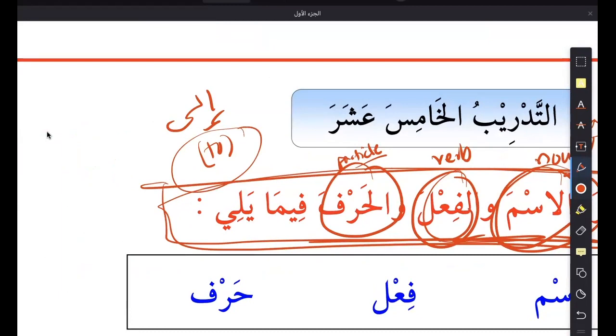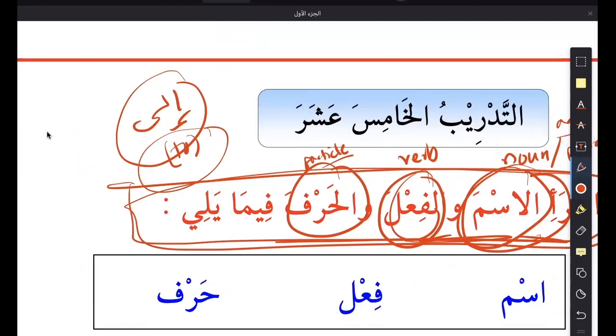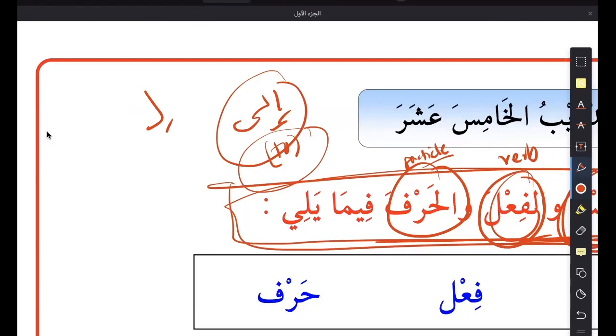Without a noun or a verb, because these kinds of words always need to be connected with the noun or the verb in order to understand what this ila actually means. Just like we have seen before that li can mean for, right? But we also use the li to mean to, like qala li Muhammad, he said to Muhammad. So we're not saying he said for Muhammad, we're not translating it as for. So the bottom line is this li, without a proper context, we actually don't know what it means. So the meaning is not clear.